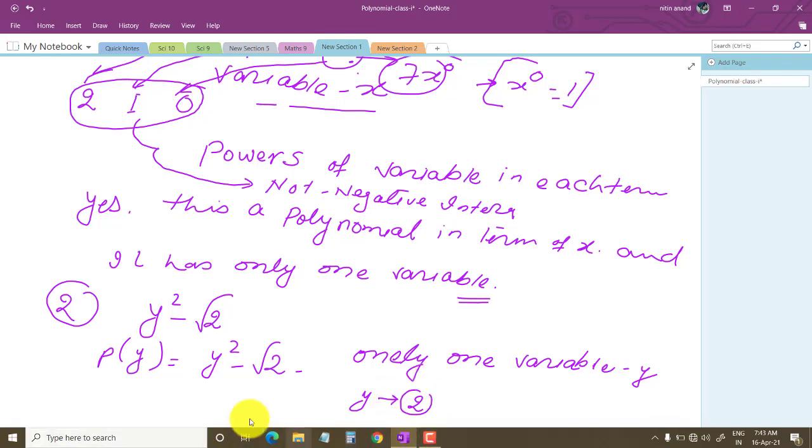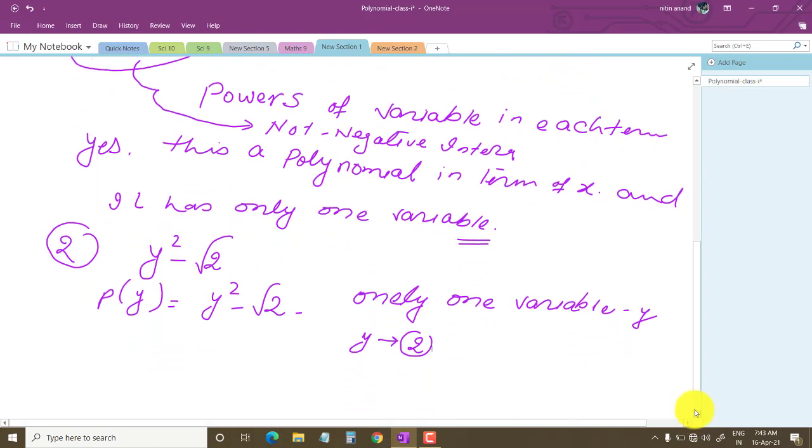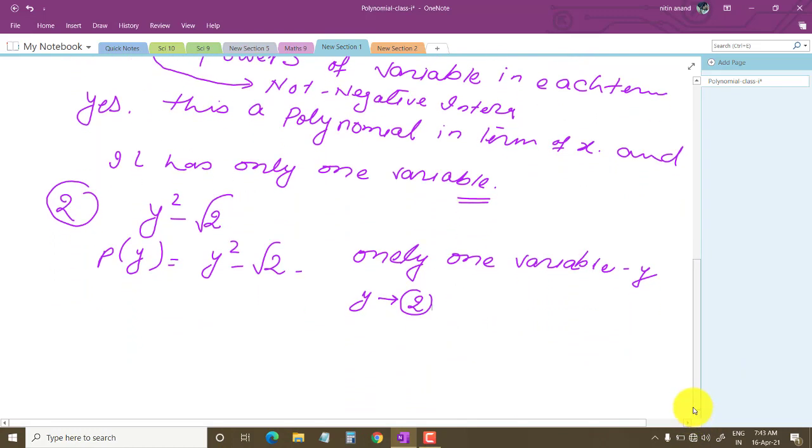This is the condition for the polynomial, that it has power 2. And if we talk about the constant term, it is minus root 2, but it is a constant.